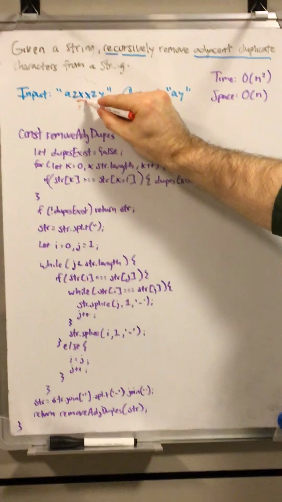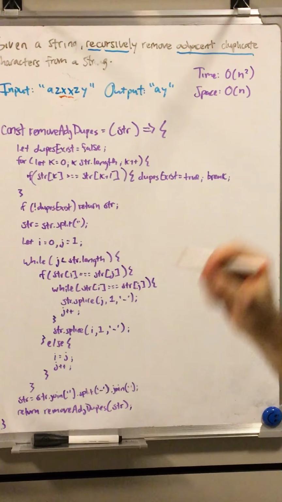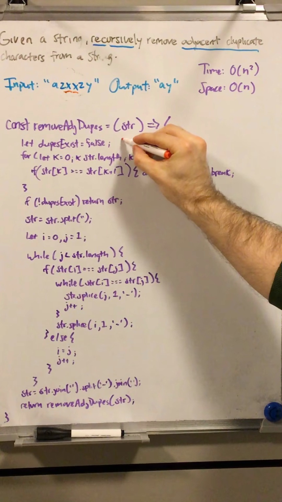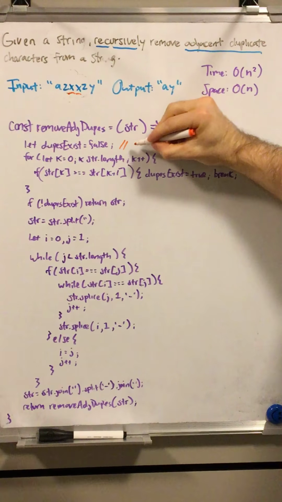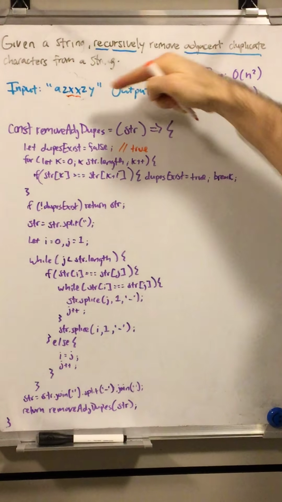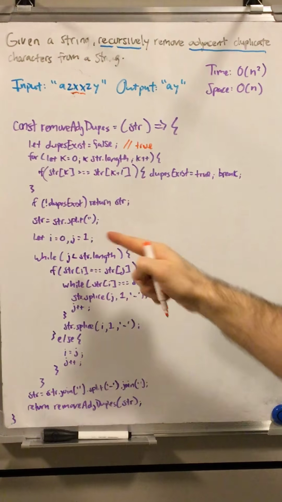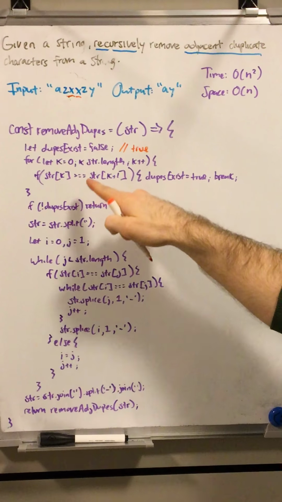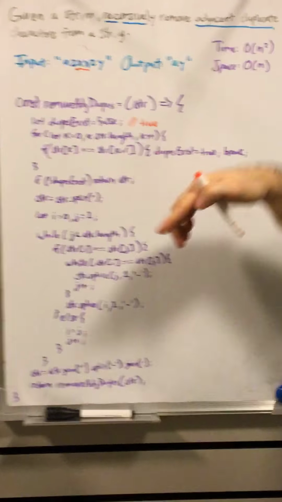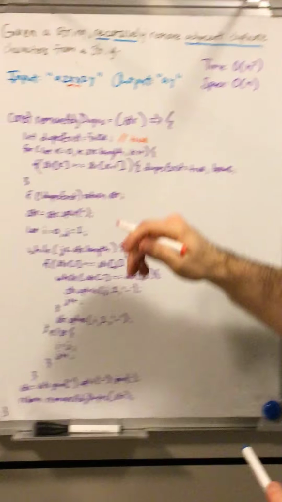And then we would increment to xx to see that yes, they indeed do look alike. So we would change dupes exist to true, and we'd break out right there. Our base case is if we were to loop through this entire string and we didn't find a duplicate, then we would just return the string because we don't have to do anything at that point.